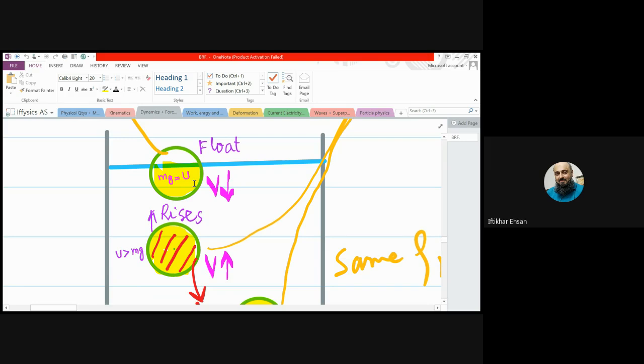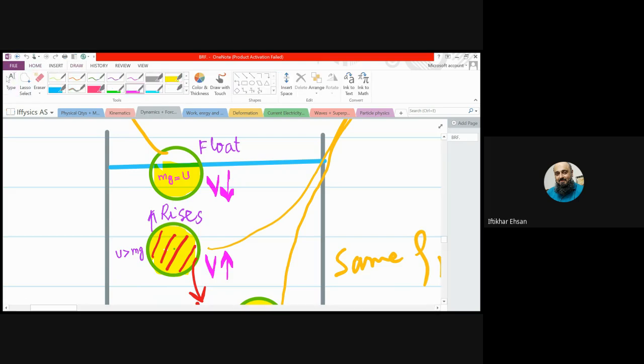Can you see in this diagram, there was less volume inside the fluid as compared to here, where the complete object is inside the fluid. So the lesser the volume, the lesser the upthrust. Here there was more volume inside as compared to this.